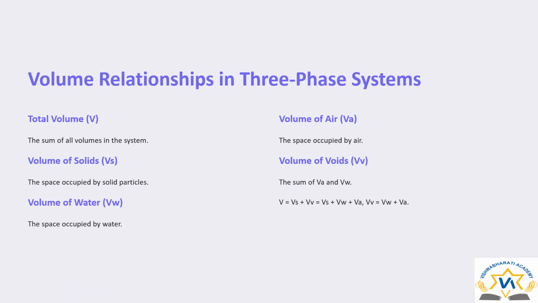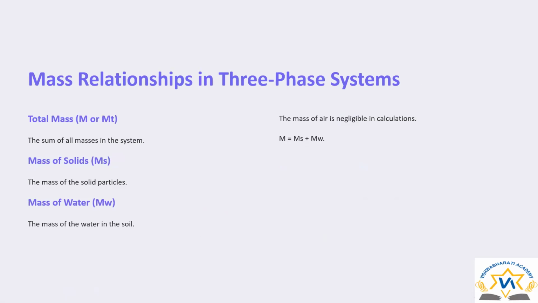But in volume, the voids are also considered. In masses, air is considered negligible. It means the presence of air is not counted in the total mass in the three-phase system.